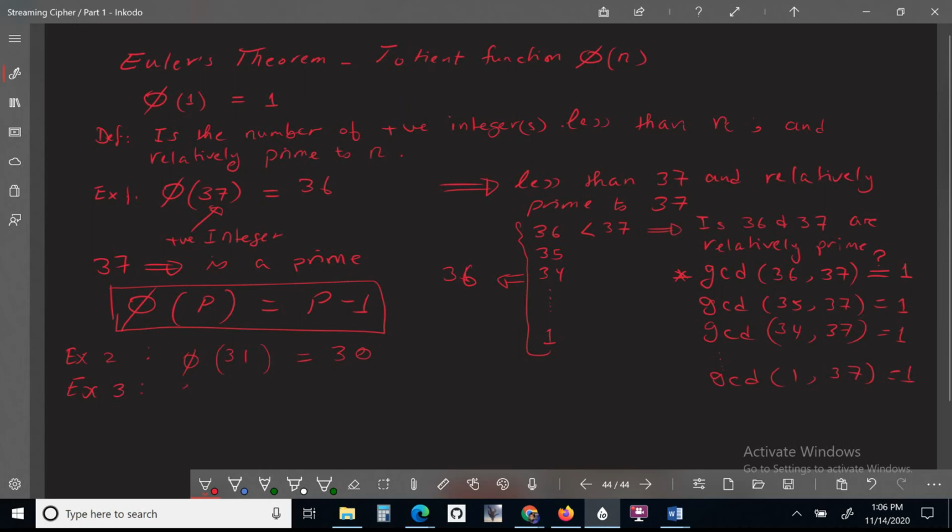So let's take a look at this example of 35. Now obviously 35 is not prime. So what's the idea?